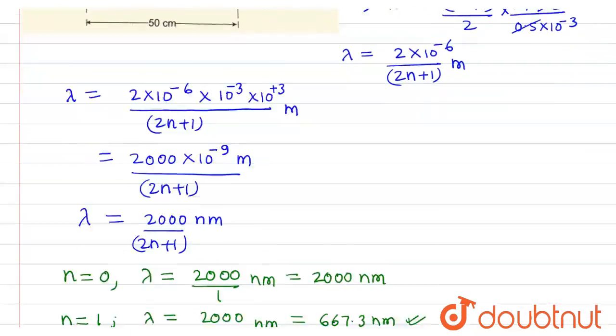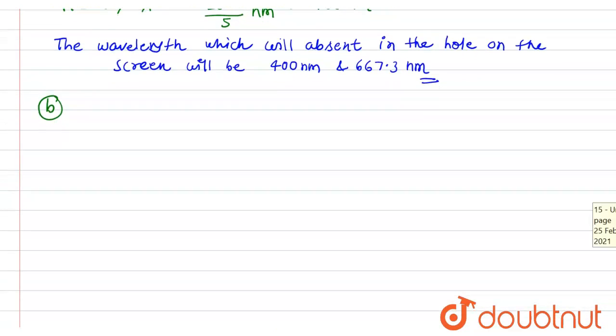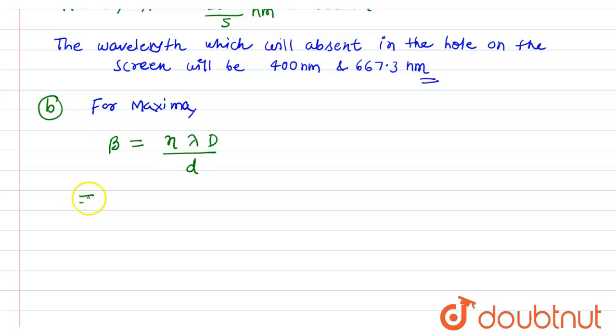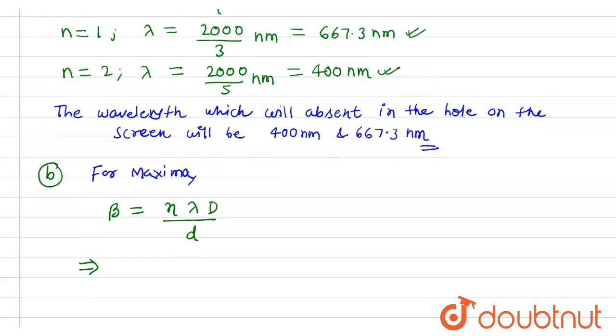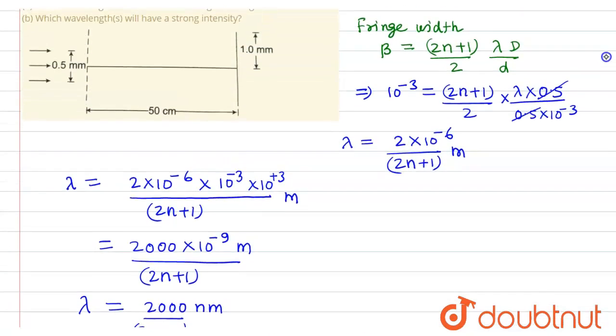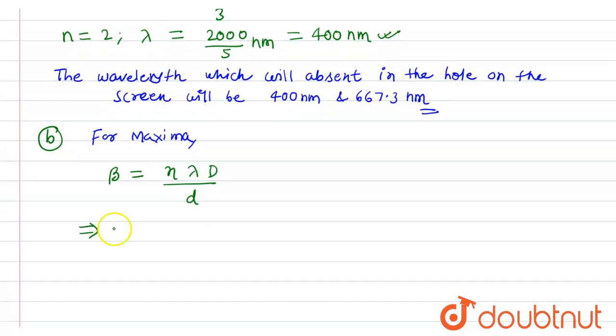Now if we want to find the second answer, the second question was which wavelength will have a strong intensity. So for strong intensity we will take the maxima. So for maxima, fringe width beta is given as n lambda D upon small d. So we put the value of beta, and fringe width was given as 1 millimeter, that means 10 to the power minus 3 meter, equals n into lambda, which we have to find.